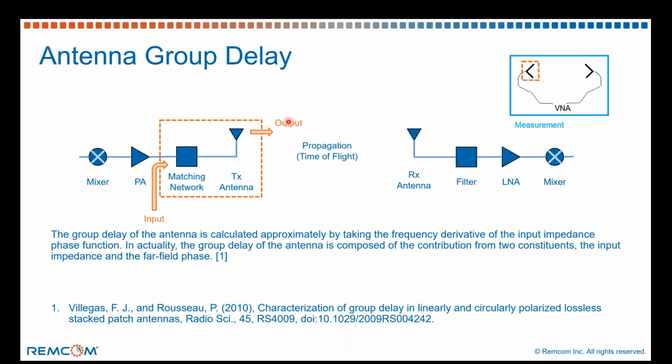This is something that we're able to do from a simulation perspective because we can isolate the antenna directly and analyze the antenna directly, and we can remove the channel, the time of flight, and we can also remove the receive antenna because we don't need those from a simulation perspective. So this is the new result, at least for Remcom, that we're wanting to analyze and get your feedback on.